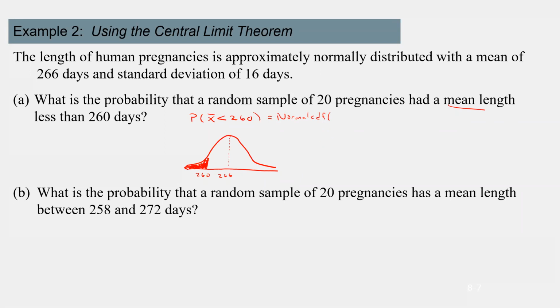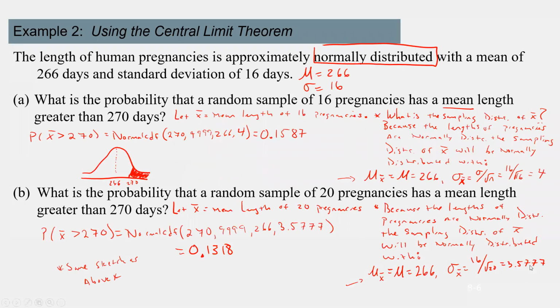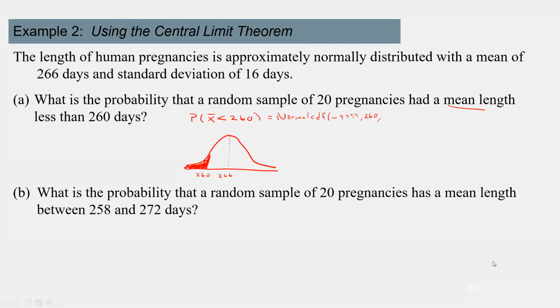Because it's a left tail test. Yep, negative 9999. What's my upper? Yep. My mean and standard deviation are going to come from right here, because it was a sample of 20. So it's 266, 3.5777.